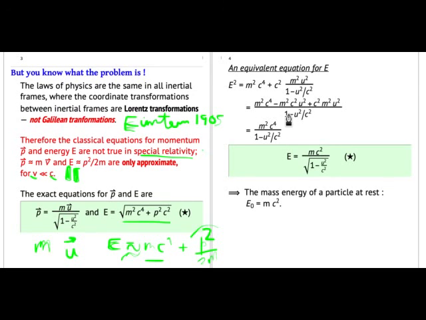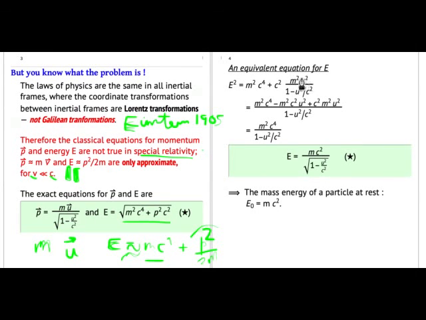Now put everything over the common denominator, 1 minus u squared over c squared. So I have to multiply this term by 1 minus u squared over c squared. I'll get m squared c to the fourth times 1, and then minus m squared c to the fourth times u squared over c squared. That'll be m squared c squared times u squared.